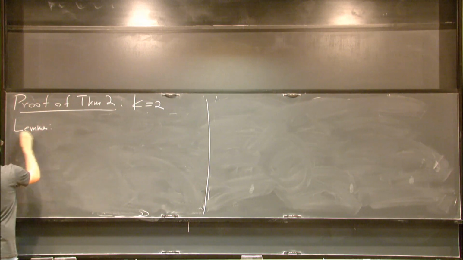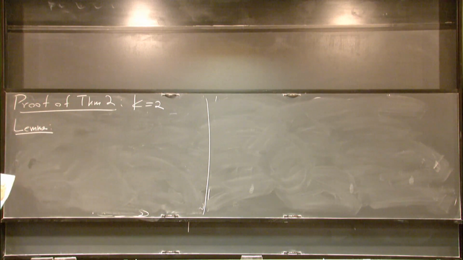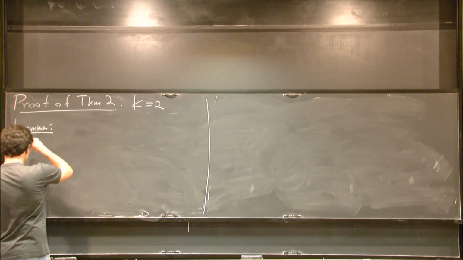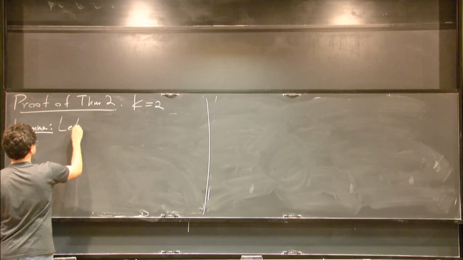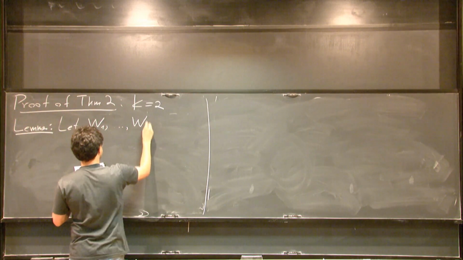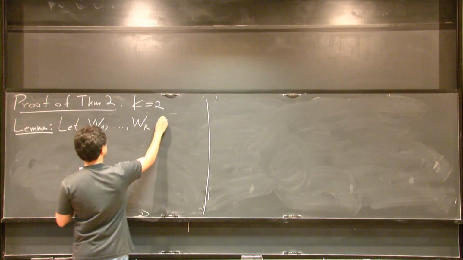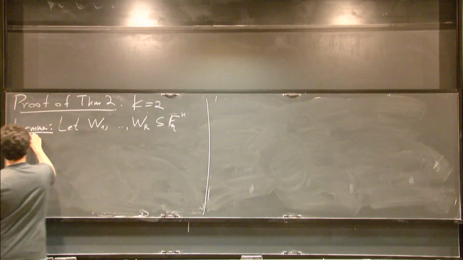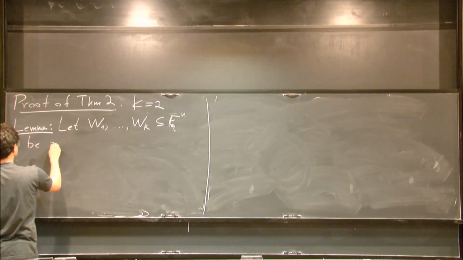one of the two main lemmas, which is maybe also of independent interest. Take a family R of two-dimensional flats.